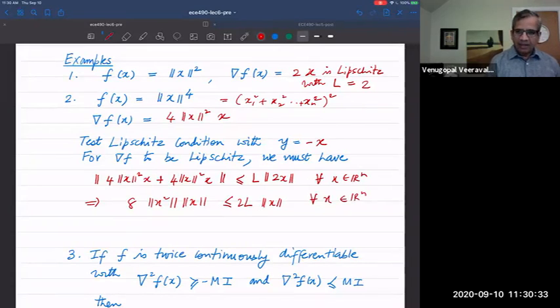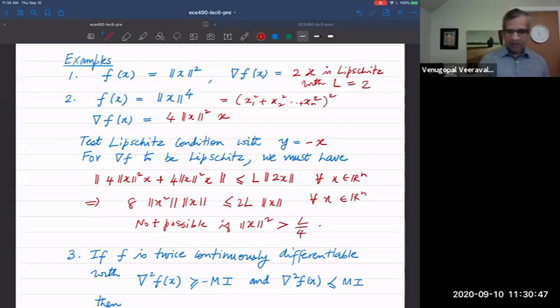And clearly, this is not possible if what condition holds? If the norm of x squared is bigger than L over 4. Right, this cannot happen. So x to the 4th does not have a Lipschitz gradient.